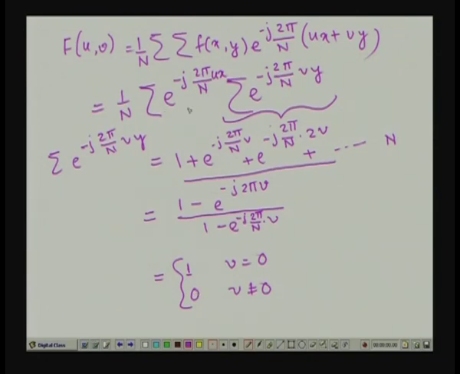So, by substituting this result in this expression, what we get is F(u,v) is equal to 1 when u and v are equal to 0, and this is equal to 0 when u and v are non-zero. So, this is the final result that we will get for the first problem.